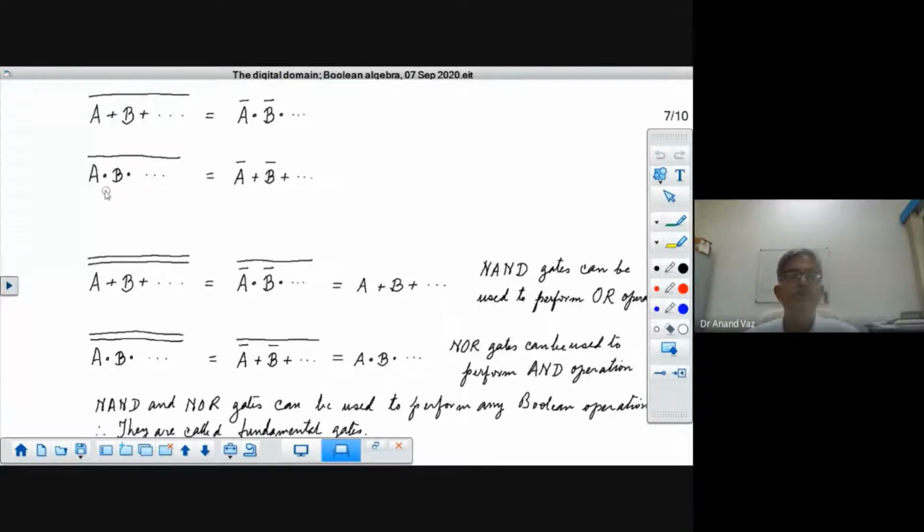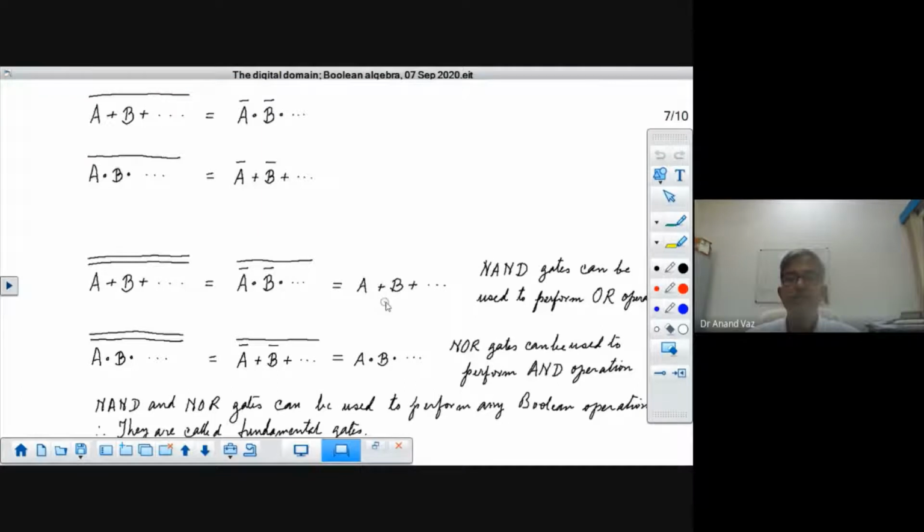The same way, this is NAND of A and B and C. So here you have not A or not B or not C and so on. If you complement it once again, you get A or B or C, because complement of complement is the variable itself.